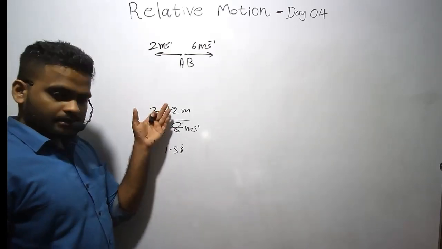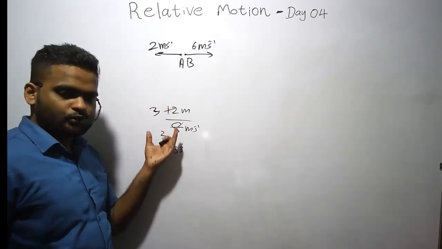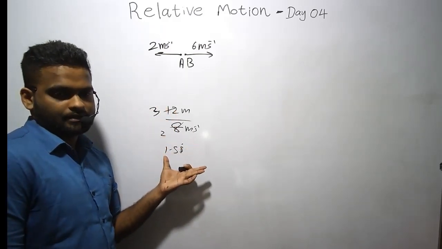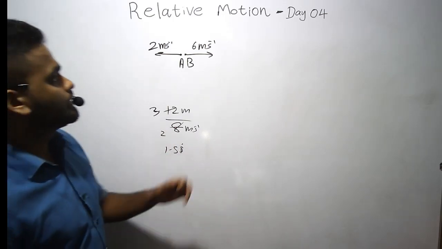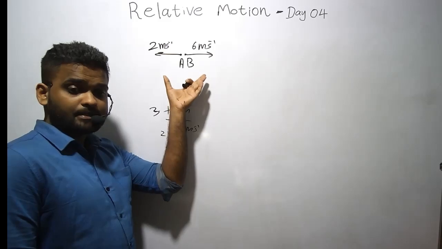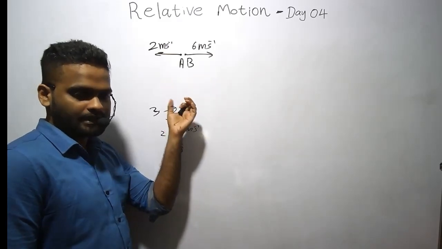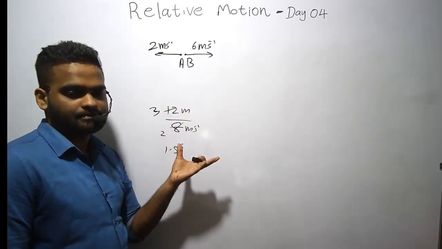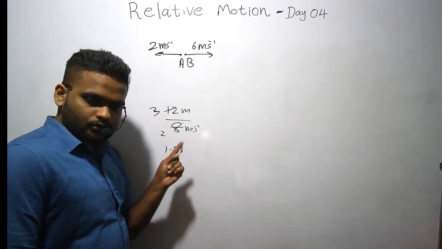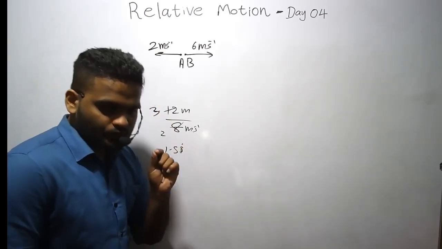So this is all you have to do. You can actually do it without even writing anything. If you do a simple calculation, these problems are complicated, but using relative motion, these problems get very easy.